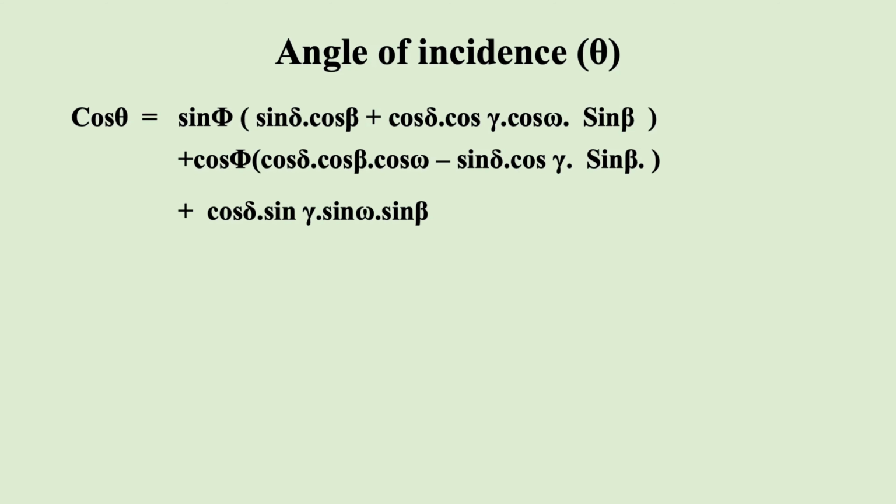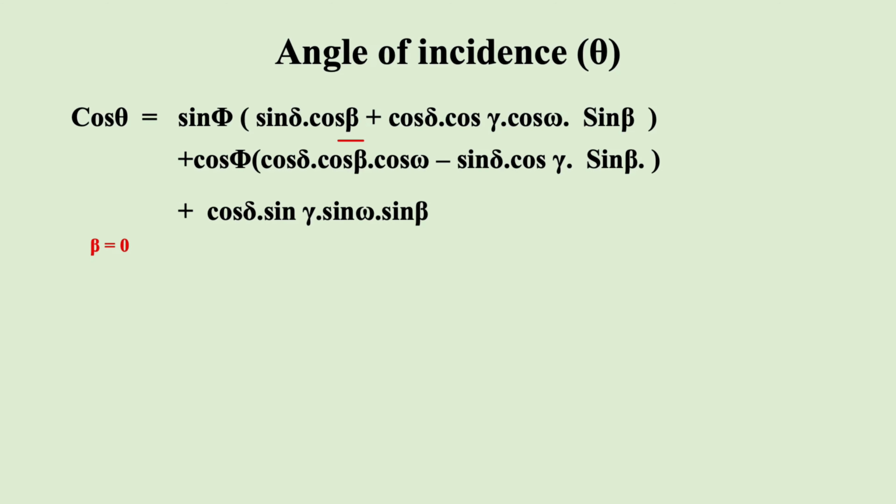In our discussion we have already assumed that the surface is horizontal, lying on the earth surface, and at the time of sunrise the sun rays are parallel to it. So we can modify this equation of angle of incidence, because in this equation the angle beta represents the inclination of the surface. If we assume that the surface is not inclined, it is horizontal, then beta is equal to 0, and we have to place the value of beta in the equation.